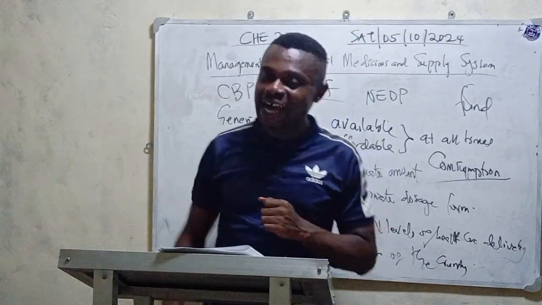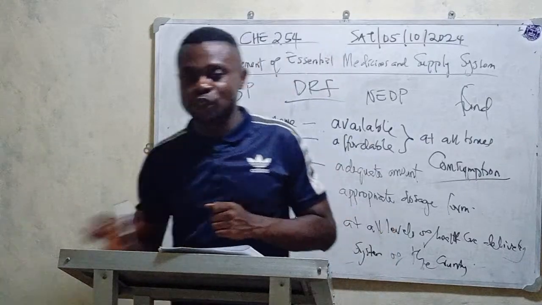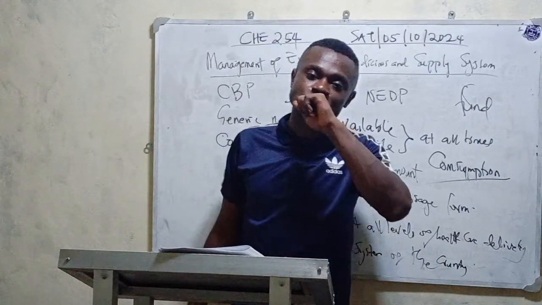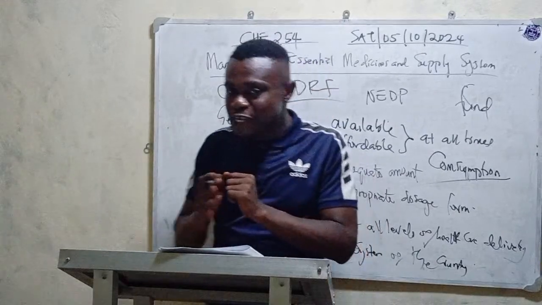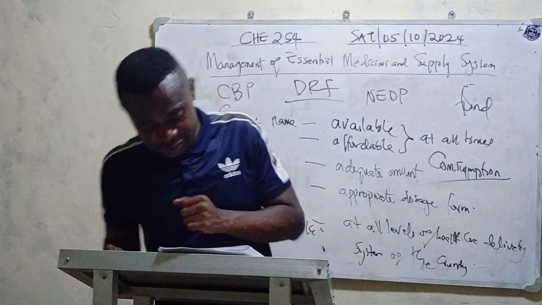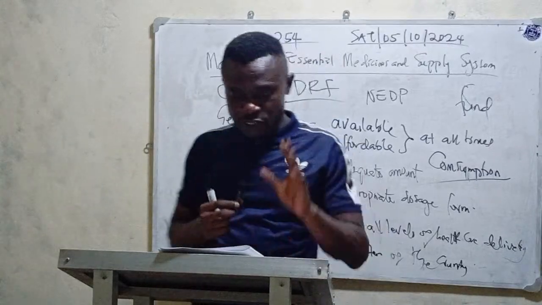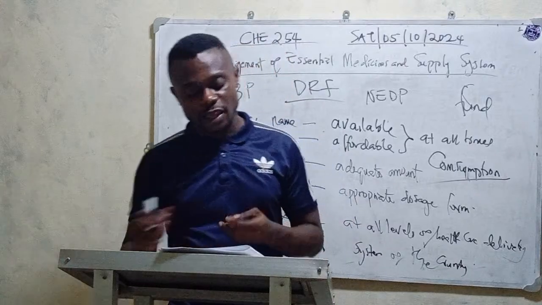Then you quantify by determining the consumption pattern, the consumption rate of the drug in question. Having done that, you determine the ordering intervals of the drug. So these are what you do in selection.